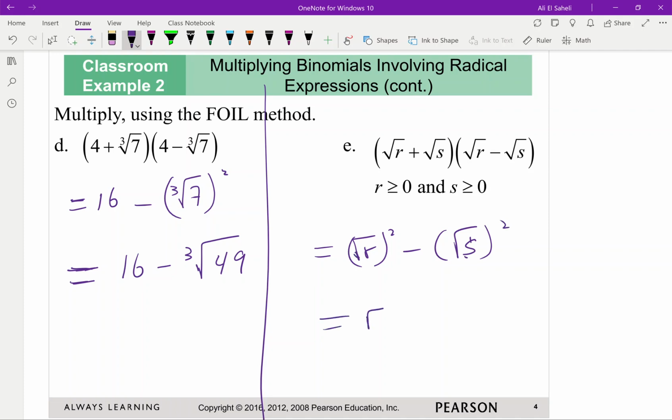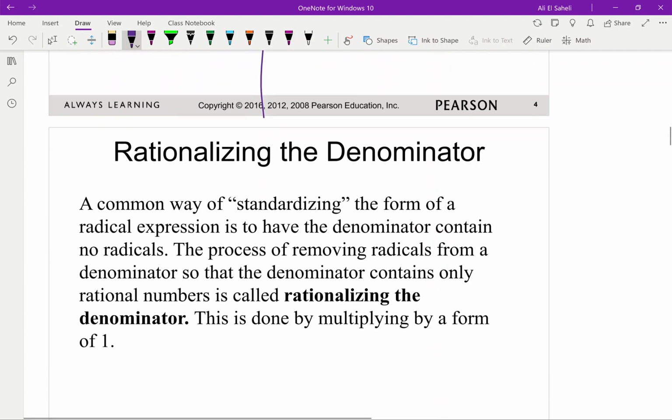The radical and the square cancel out each other, so there is no square here. In both cases, the radical and the square cancel out.